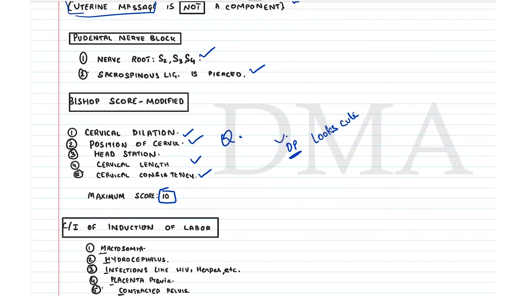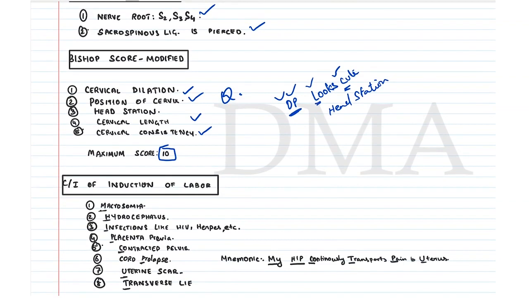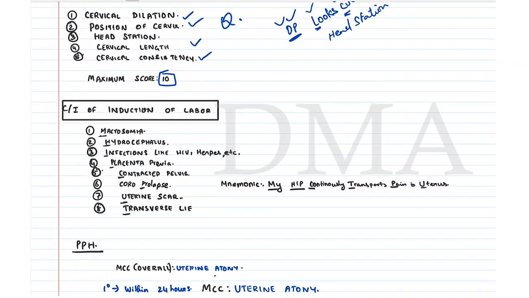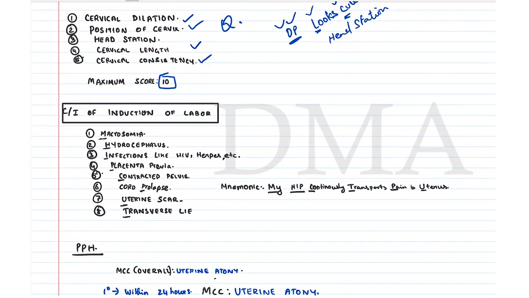So DP stands for dilatation and position, L stands for length, and C stands for consistency. And you have your fifth parameter as your head station. Head station. So you should never forget that. Because the modified Bishop score will be asked as: all of the following are components except.